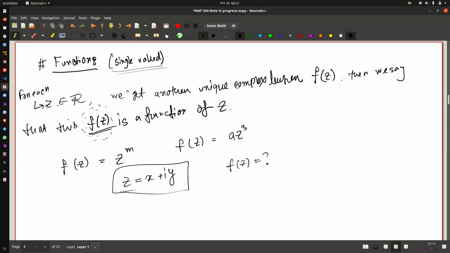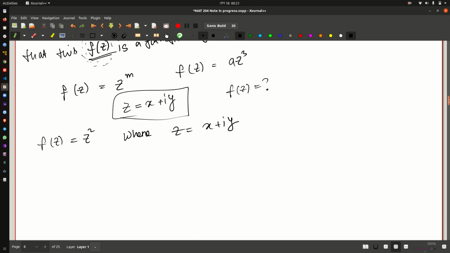Let's say f of z is equal to z squared, where z is denoted as x plus iy. Let's do this small algebra and see what happens. So this means this is (x plus iy) whole squared, right? If you expand this, this is just x squared minus y squared plus 2ixy.